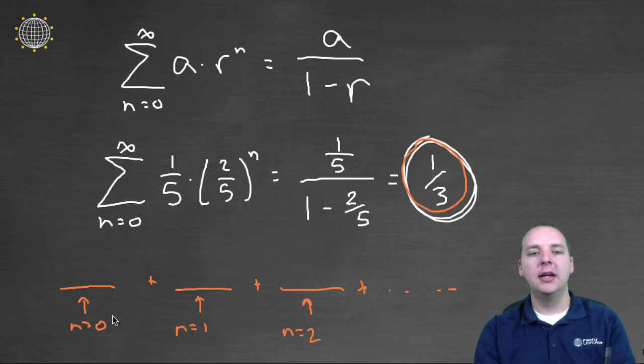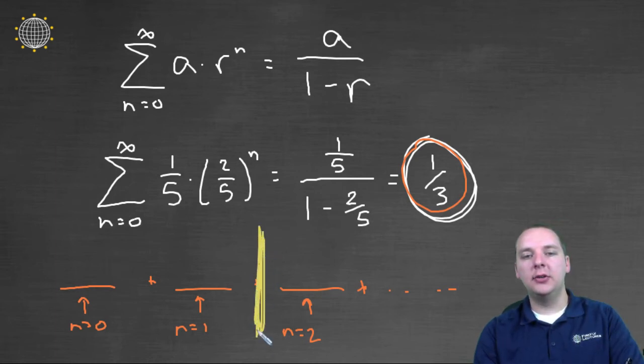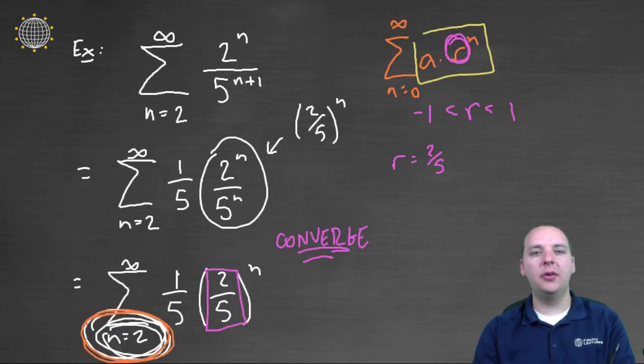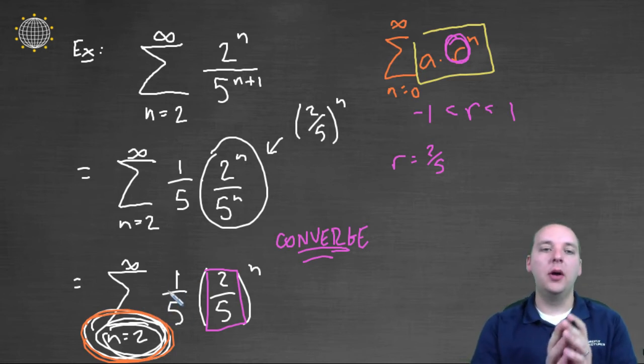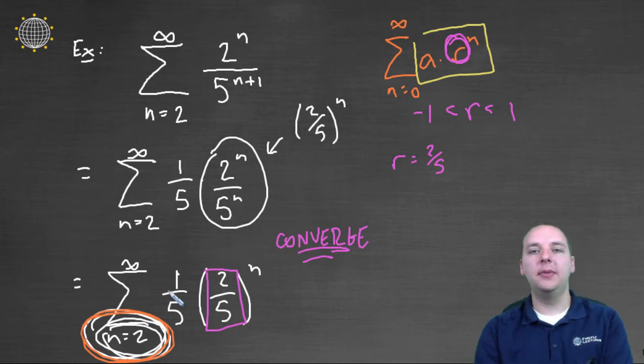But ours goes from 2 to infinity. So think about this. We don't have the 0 term. We don't have the first term. Ours starts at 2 and goes to infinity. So how do you think we could figure out in some clever way what our summation would be, that doesn't go from 0 to infinity, but only goes from 2 to infinity? Well, here's the trick.